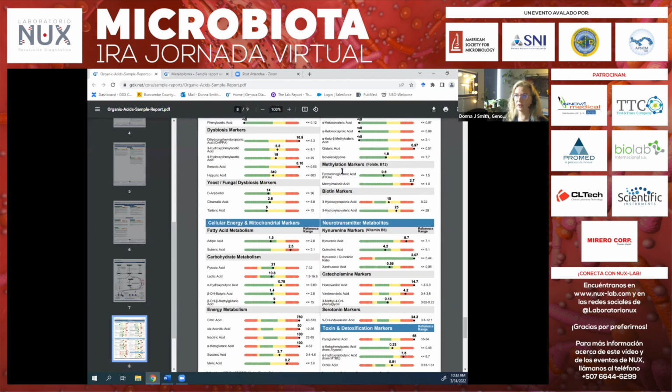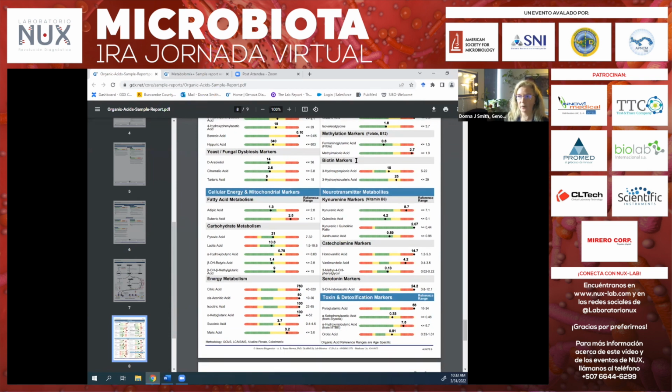Next, we look at the methylation markers. So we're looking at whether there's a need for folate and B12. So this first marker, FIGLU, if it's elevated, indicates a need for folate. And the methylmalonic acid, whenever it's elevated, indicates a need for B12. Now the next section is for the biotin markers, and this is actually B7.